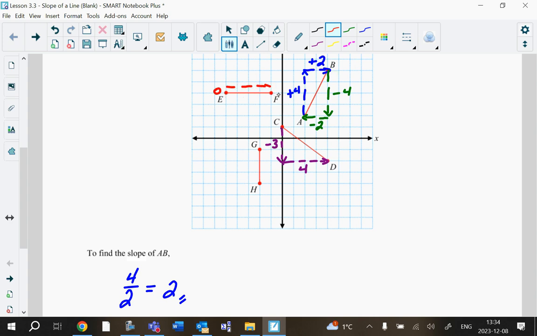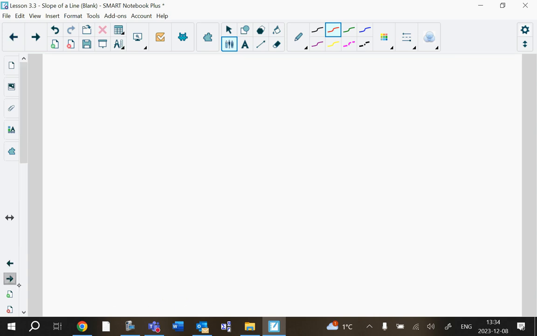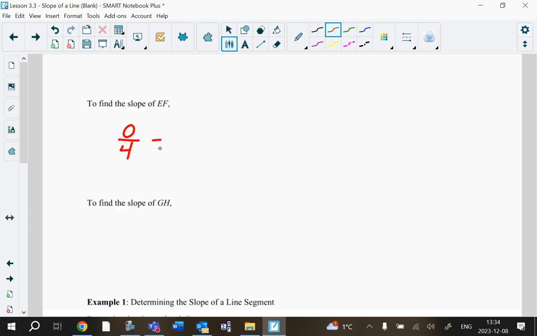So my slope here would be 0 over 4, which is the same as 0. Any horizontal line or line segment has a slope of 0.